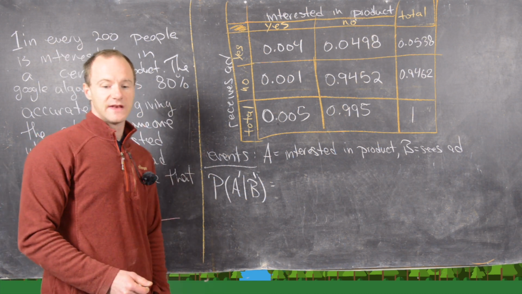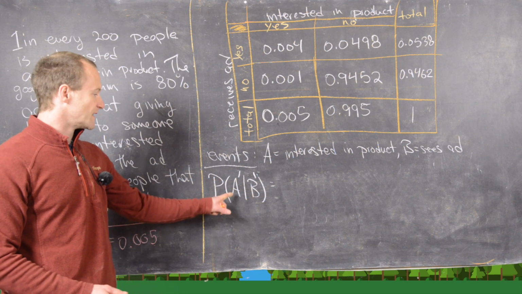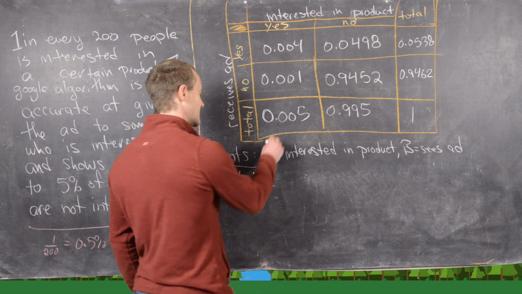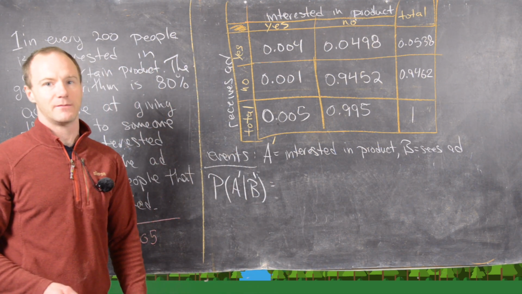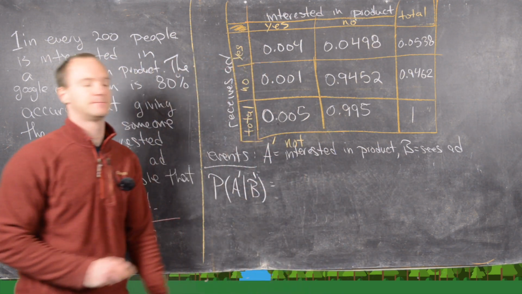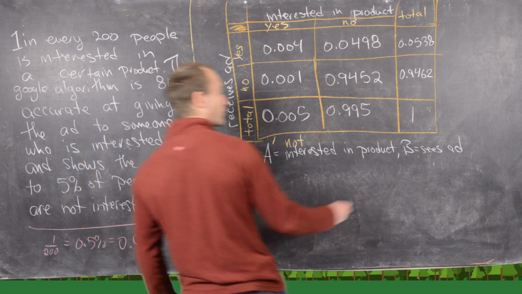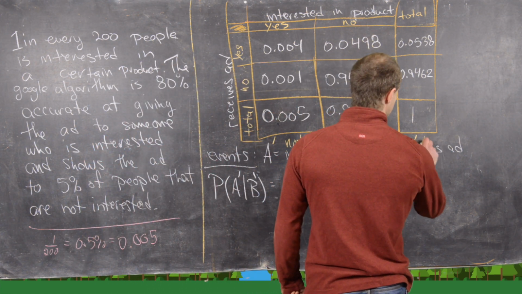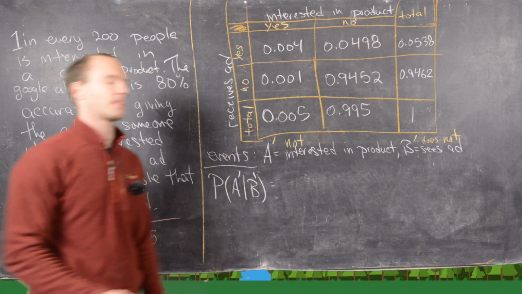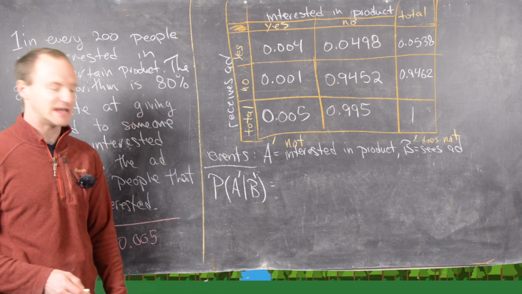Okay, so for our next example, we're going to look at the probability of these complementary events. So if A is people interested in the product, then that makes A prime, or in other words, the complementary event, the people not interested in the product. And then if B is the people that see the ad, then B prime are the people that do not see the ad. Okay, great. And now what we want is the probability of A prime given B prime.